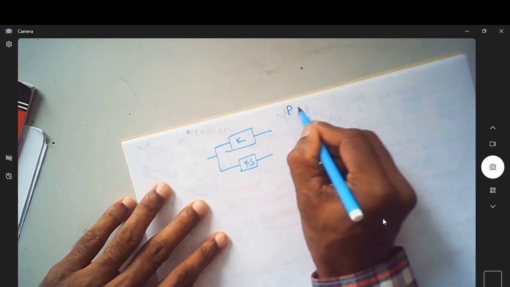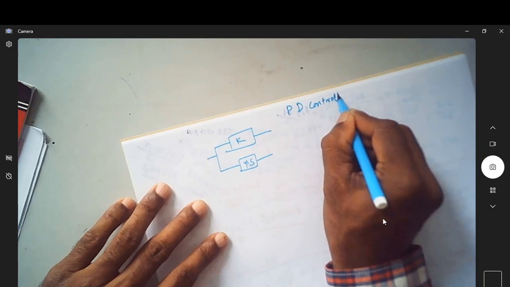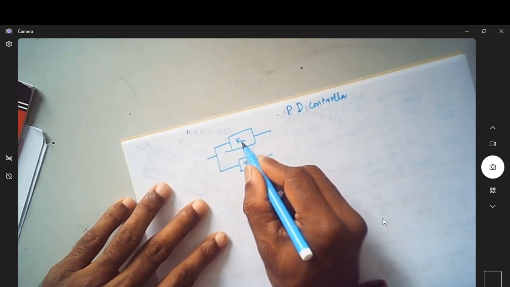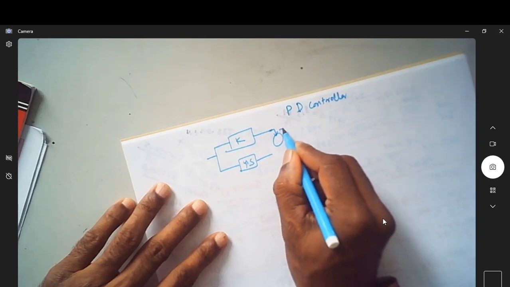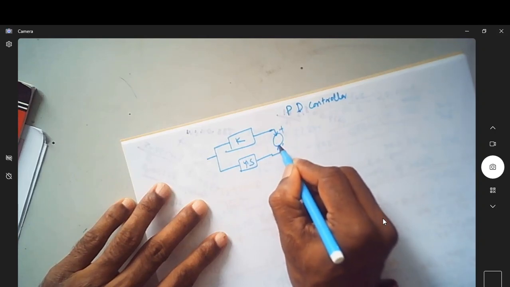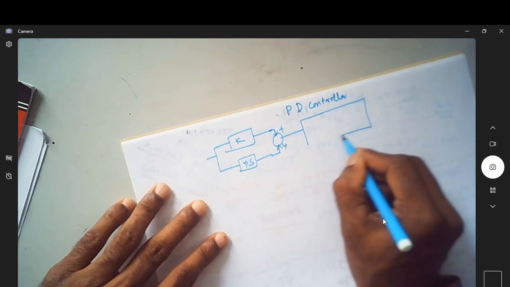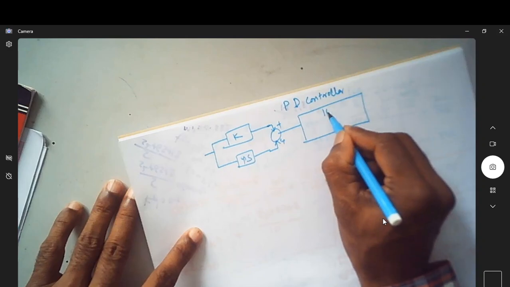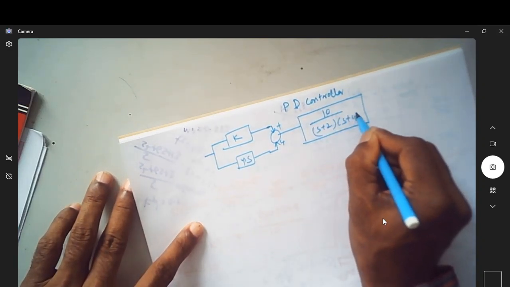So this is derivative controller, which is tau into S, and this is my proportional controller. I have a summing point, this is plus, this is again plus, and we still have the same plant, which is 10 by S plus 2 and S plus 4.